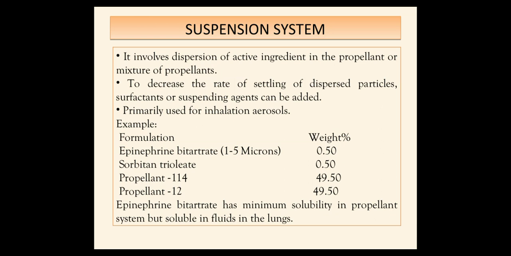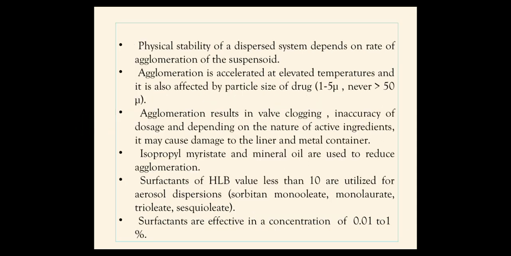To decrease the rate of settling of dispersed particles, effective suspending agents are used, primarily for inhalation aerosols. Here are examples of that with the weights required. Physical stability of a dispersed system depends on the rate of agglomeration of the suspended solid.